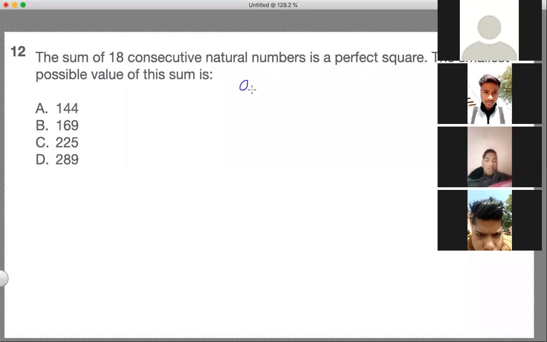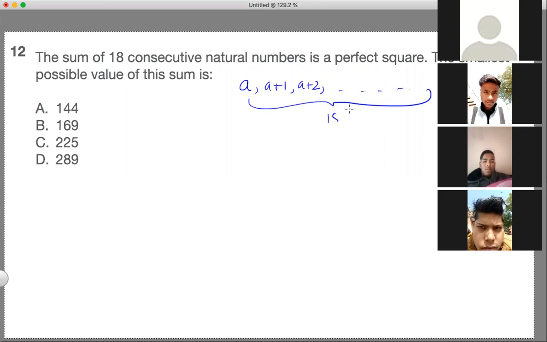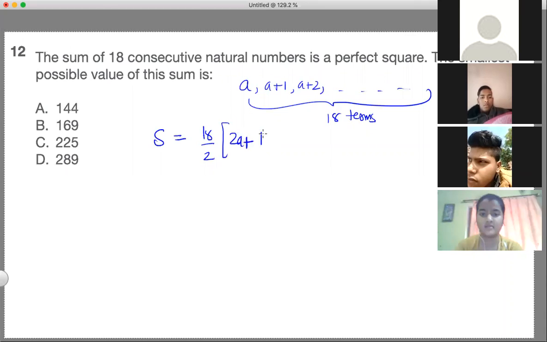So let the series be a plus 1, a plus 2, okay, till 18 terms. So what will be the sum? 18 by 2, 2a plus n minus 1, that is 17. D is 1, natural numbers mein, right? D is 1. So this is 9, 2a plus 17.